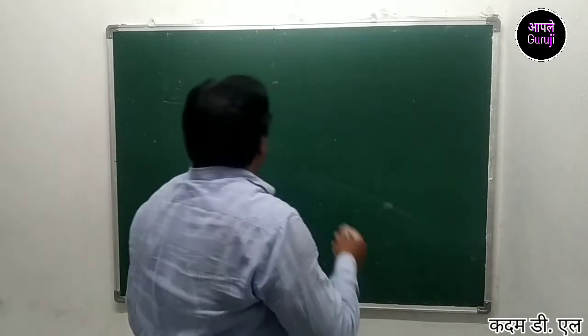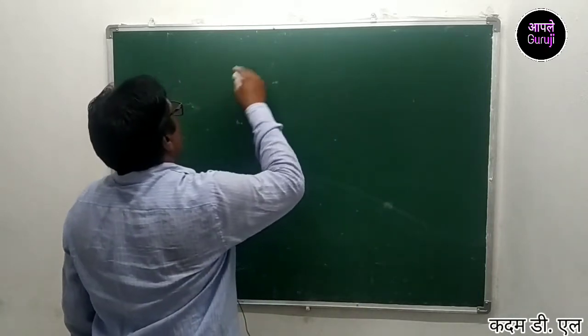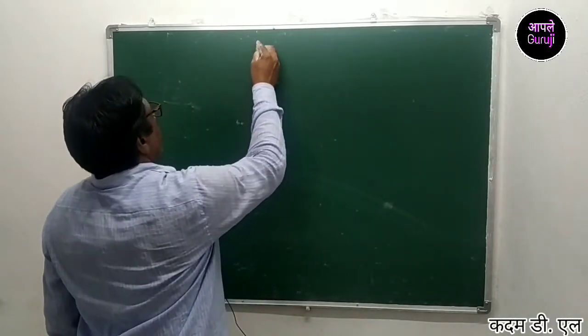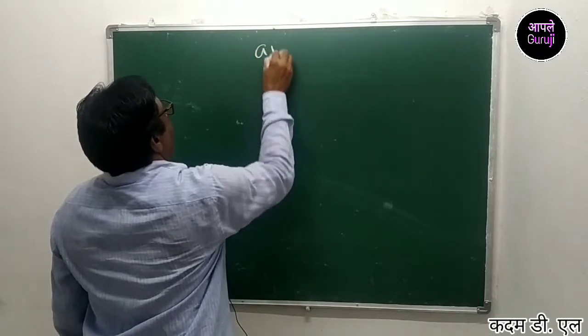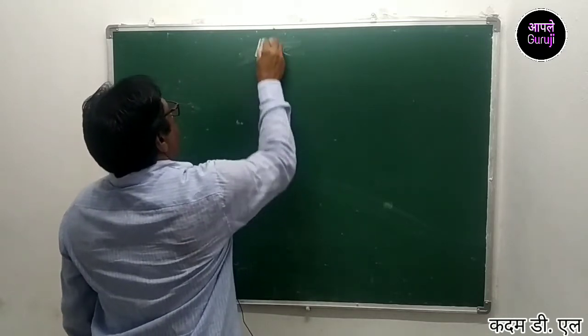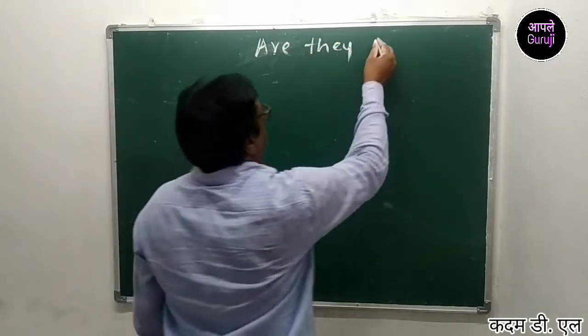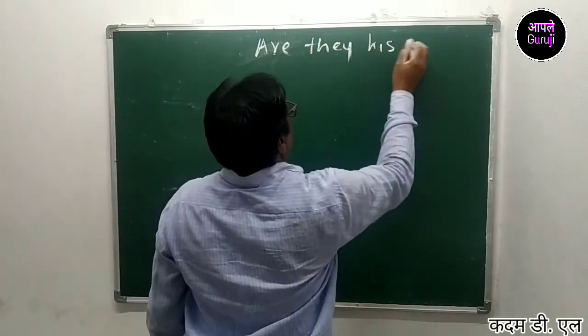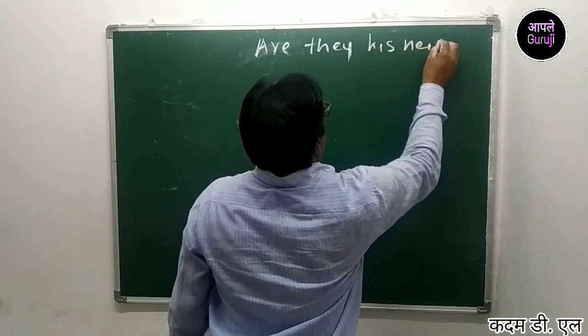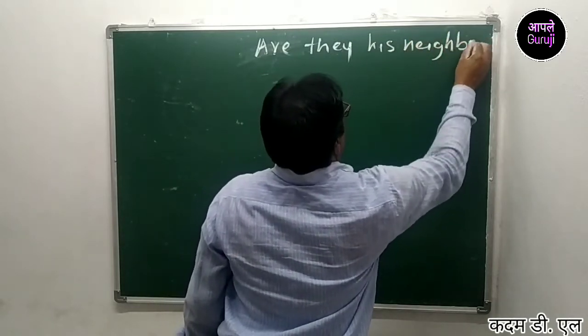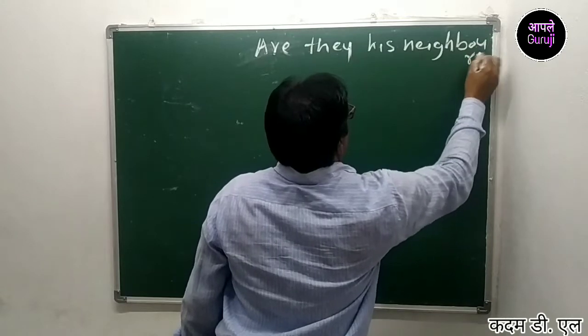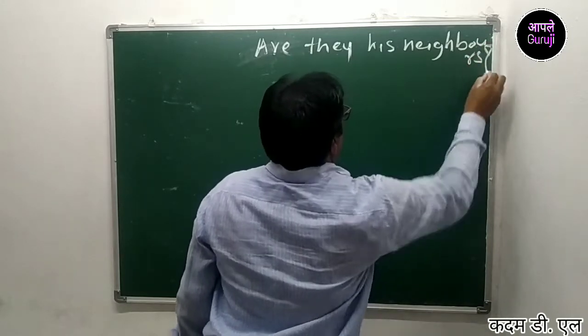Now see second example. One more example. Are they his neighbors? Question mark.